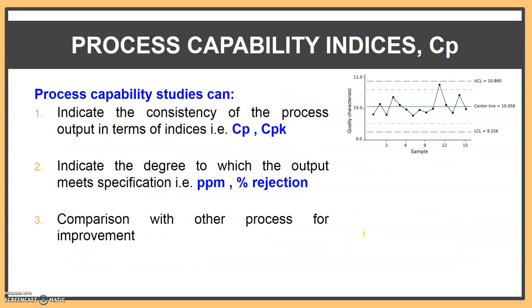Then we can go for the process capability index. The process capability index, as shown in this slide, indicates the consistency of your process. That means Cp/Cpk measures the consistency of your process. Or you can measure the output quality by using ppm and percentage of rejections. Or you can compare with another process that has the same setting as the current process.